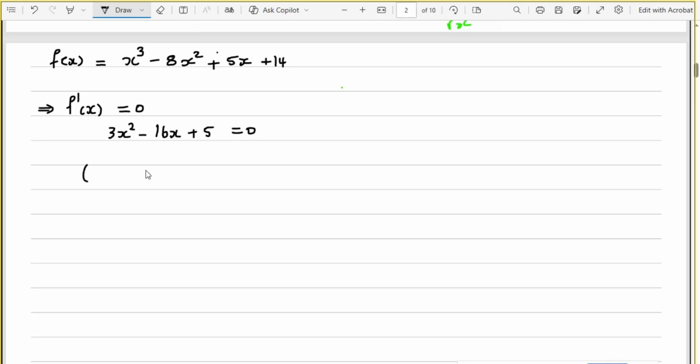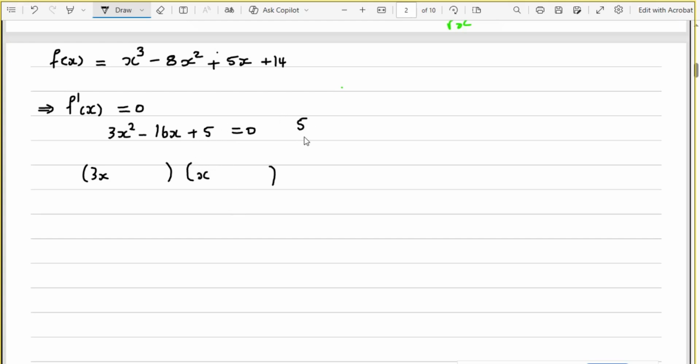Then now you factorize. This will be 3x. This will be x. Then we need the factors of 5 so that when we add or subtract them, they give us the middle term of 16.